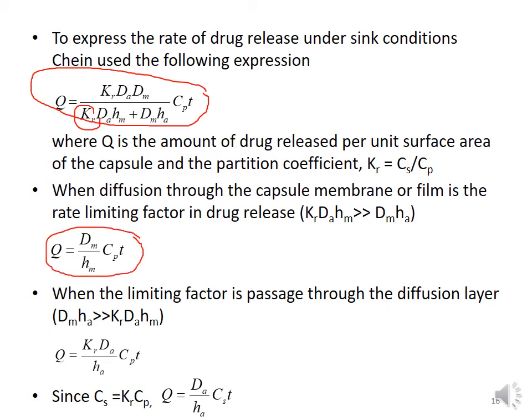When the rate limiting step is diffusion through the aqueous diffusion layer, this equation can be obtained, and CS, as we mentioned, equals the partition coefficient multiplied by CP. In this case, the amount released in an aqueous diffusion layer control system equals the diffusivity through the aqueous diffusion layer divided by the thickness of the aqueous diffusion layer, multiplied by CS and by the time.